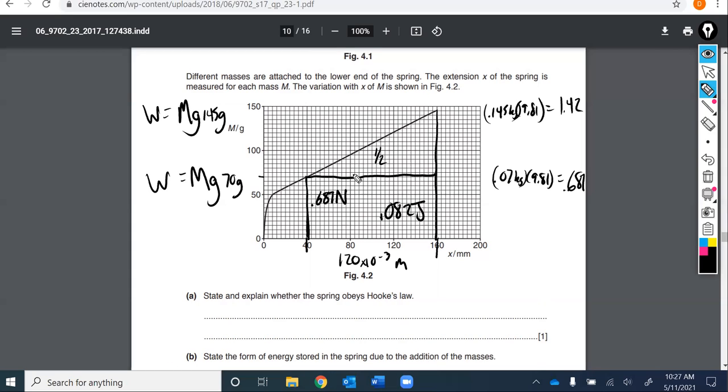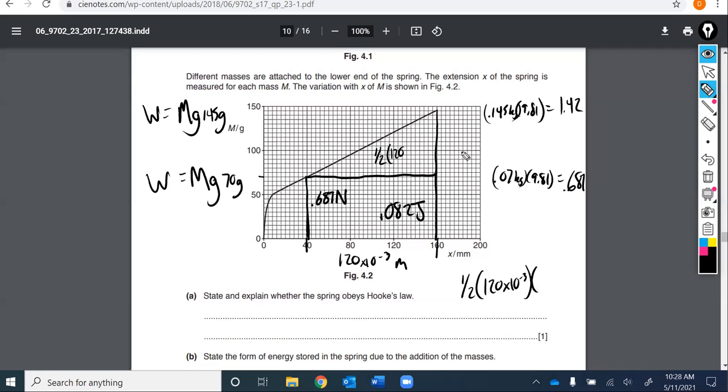Now I've got this 1/2 base times height triangle to contend with. So I'm going to do 1/2. Let's make this the base because I already know it's 120 times 10 to the negative 3. I'll write this over here. So I have 1/2 the base times the height now. And this again goes from 1.42 newtons right here down to 0.6867 newtons, 0.687 newtons there.